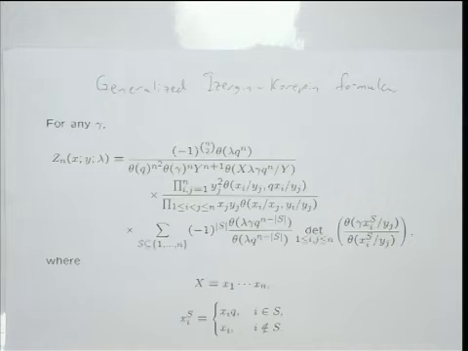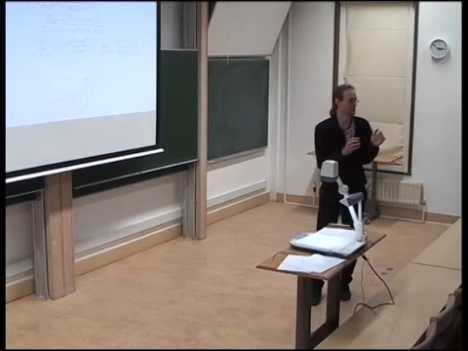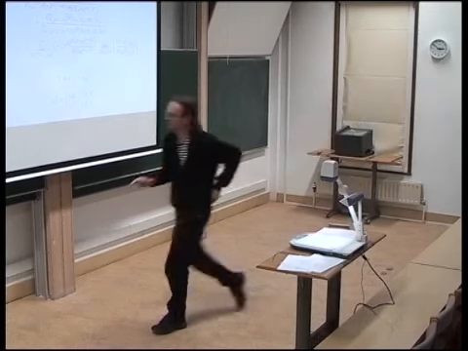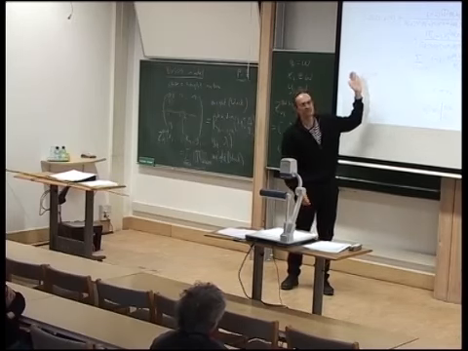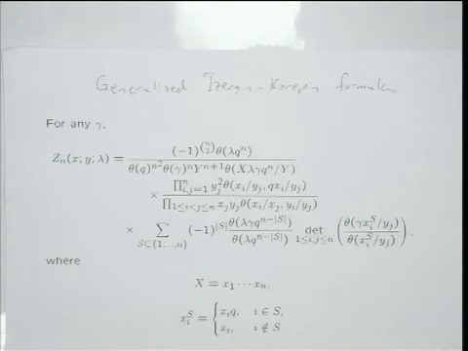So the results I showed you about the 3-color partition function actually follow from this formula, but really not using the formula, just using one very interesting property here that I want to point out.